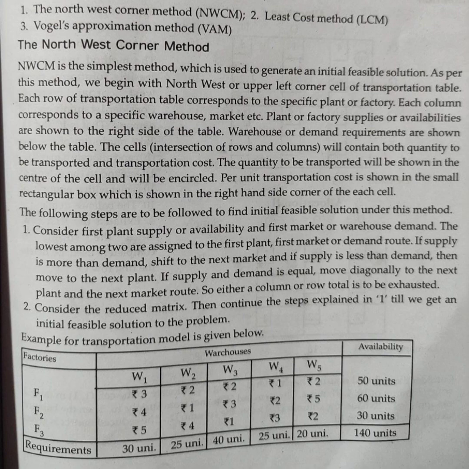If supply is more than demand, shift to the next market, and if supply is less than demand, then move to the next plant. If supply and demand are equal, move diagonally to the next plant and next market route. So either a column or row total is exhausted.